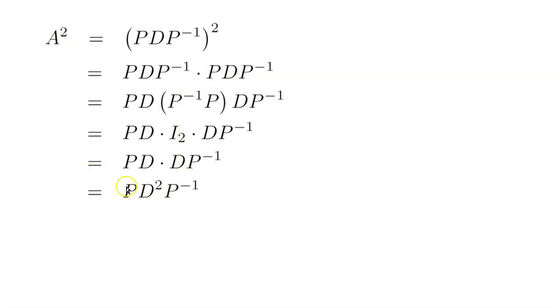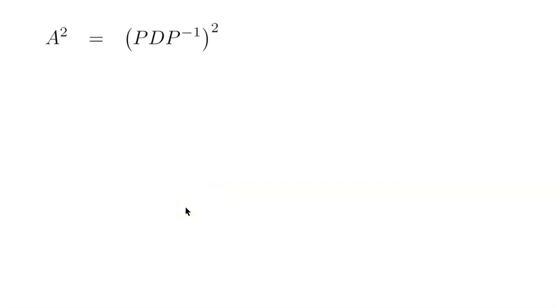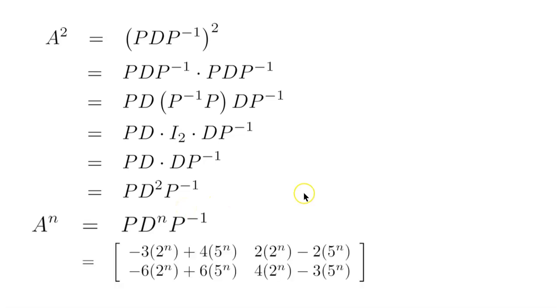So A squared is just PD squared P to the negative 1. So if I have A to the n, it will be PD to the n, P inverse. And we already know what D to the n is. We did that on the previous slide. So if I multiply by P, diagonal matrices are much easier to play around with.